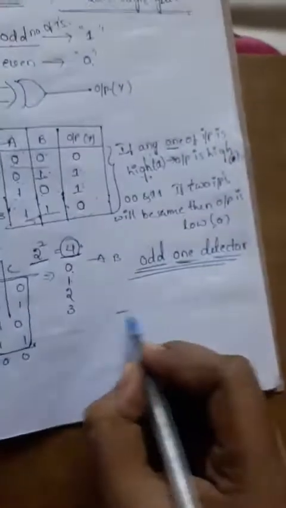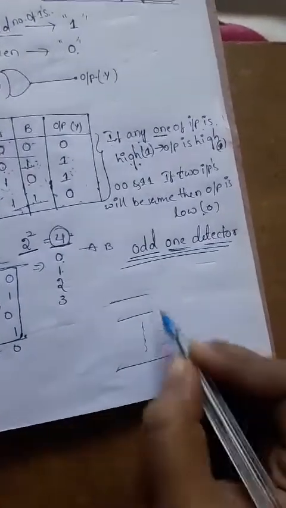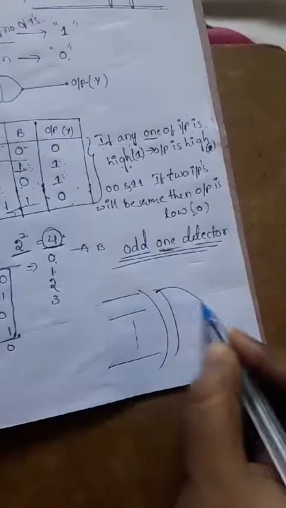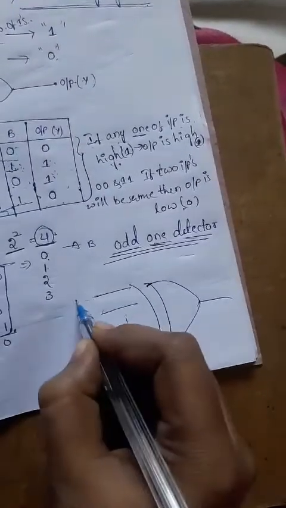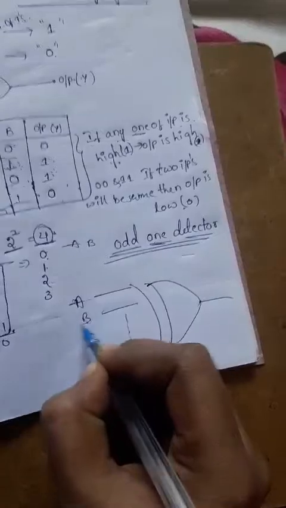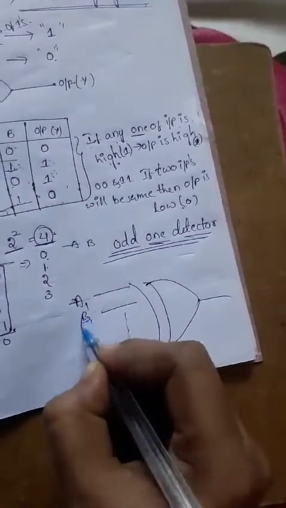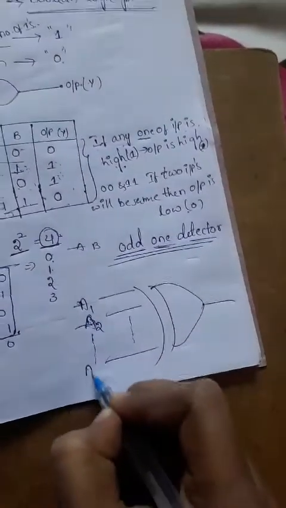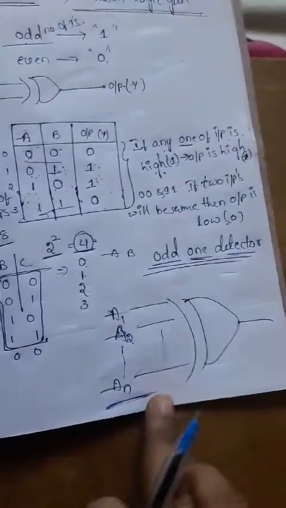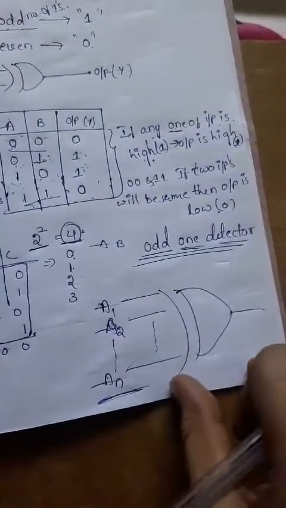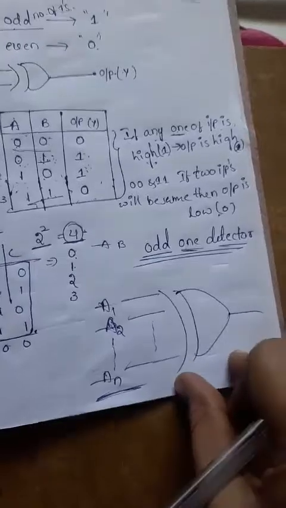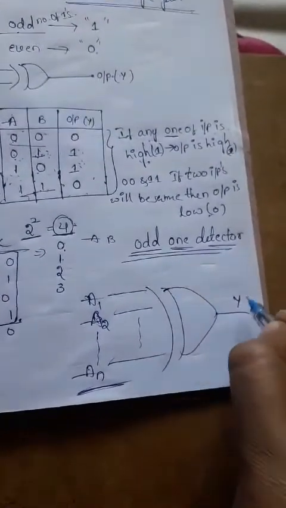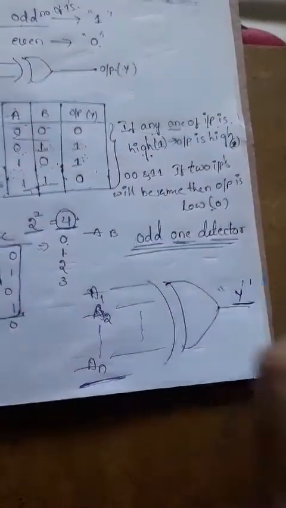That means inputs A1, A2, up to AN, an n-input XOR gate, which also has a single output.